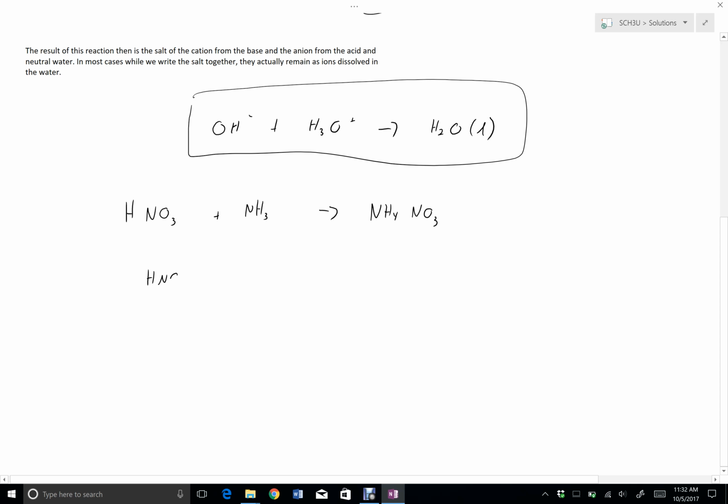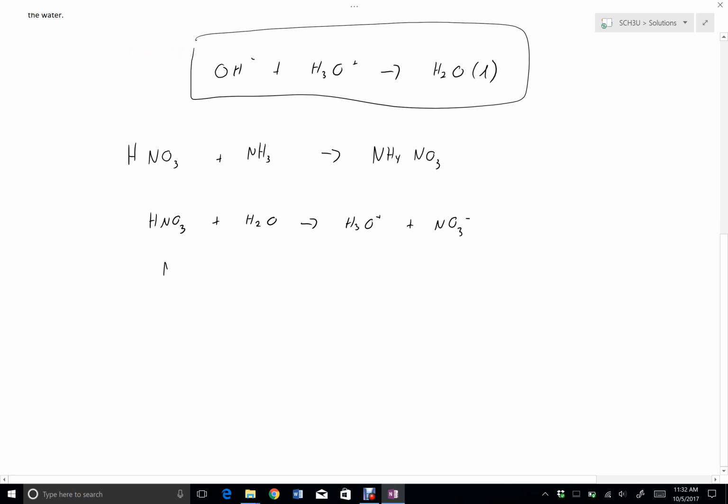Really, HNO3 is reacting with a water molecule to produce H3O+ and NO3-. Similarly, NH3 is reacting with water to produce NH4+ plus OH-.